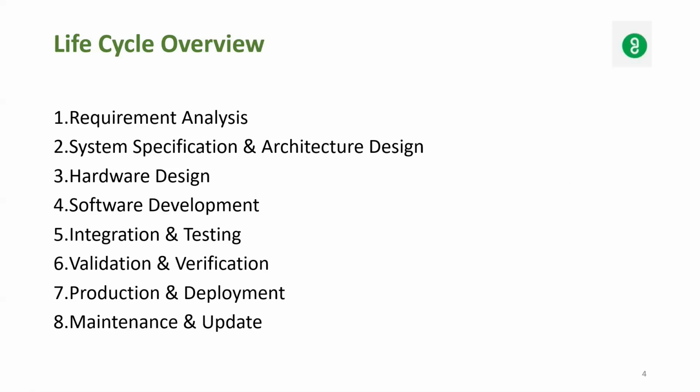The first thing is requirement analysis. You should know what inputs you are going to handle and what the output is. You should know all possible combinations of input. For example, if it is 2 inputs, all possible combinations that you have to consider is 2 power n, with n equal to 2, that is 4.